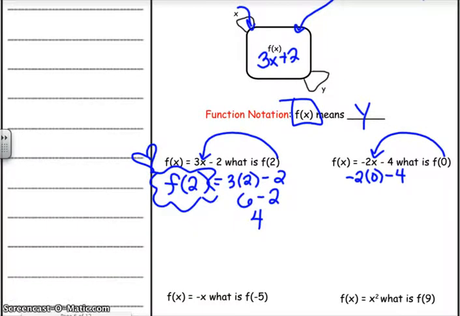F of 0, that means the function at 0. So no longer is the function at x, it's at 0. So this would be 0 minus 4, negative 4. Proper math etiquette would say, my function at 0 is negative 4. Same thing though. It equals negative 4.